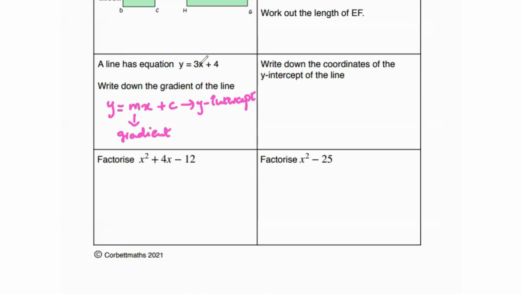Since m is the coefficient of x, which is the gradient, that means our gradient is going to be 3 for this line. Then it says write down the coordinates of the y-intercept. As I said, the c value gives us the y-intercept, which is the constant. So the y-intercept is going to equal 4.